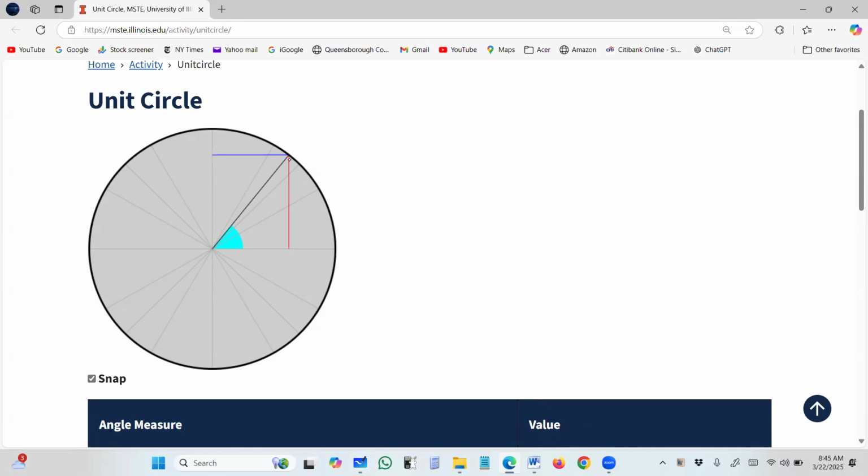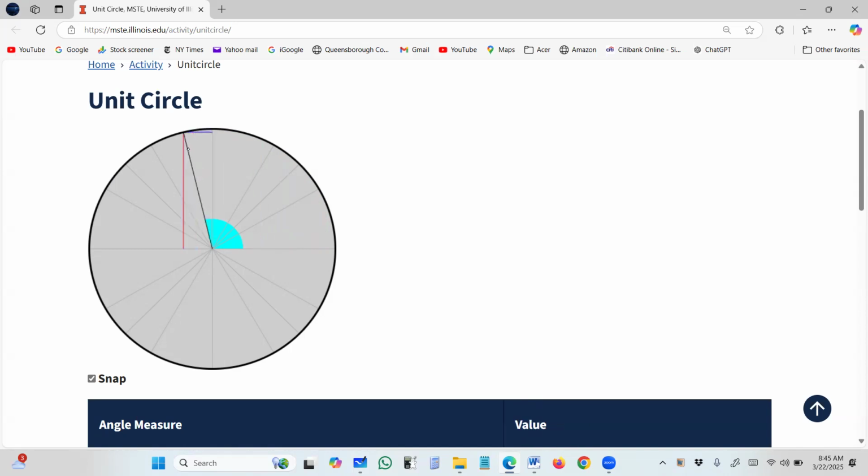Now, the value of sine is the red line. The value of cosine is the blue line. So as you can see, as I increase the angle, the value of sine increases, the value of cosine decreases. And it gets to a point at 90 degrees where sine equals 1, because this is a unit circle meaning a unit of 1, and cosine is 0.